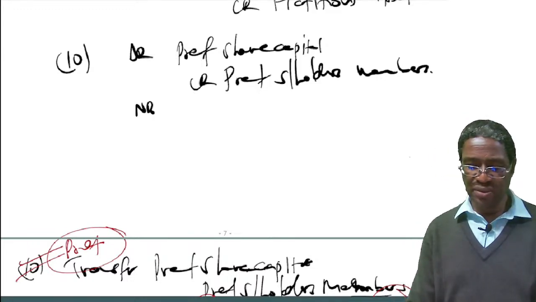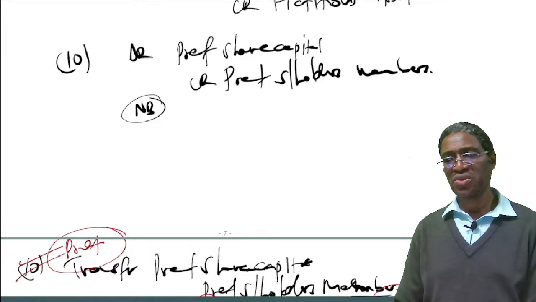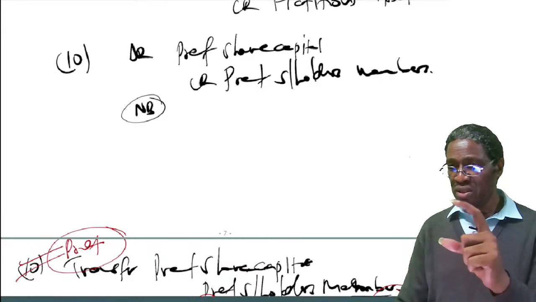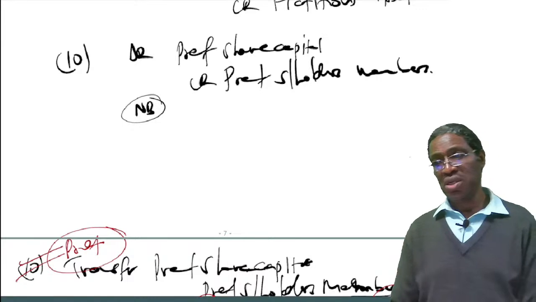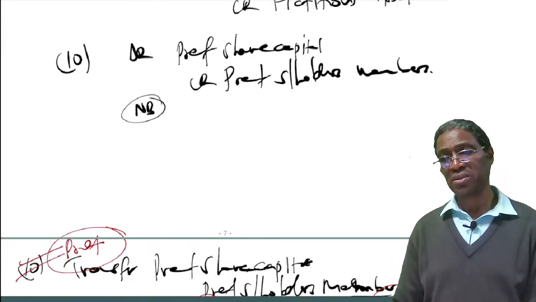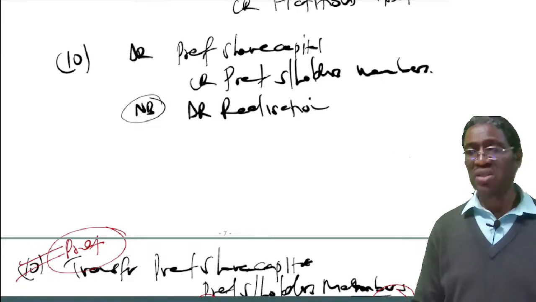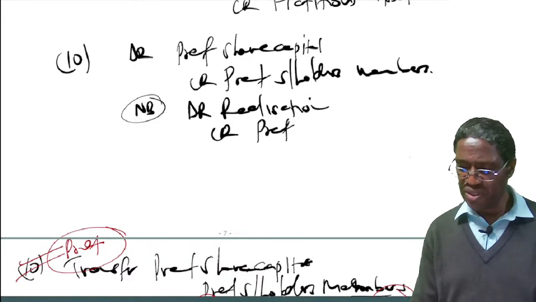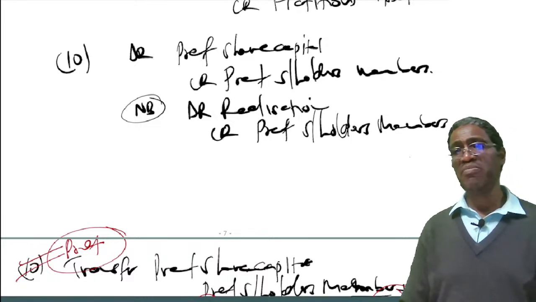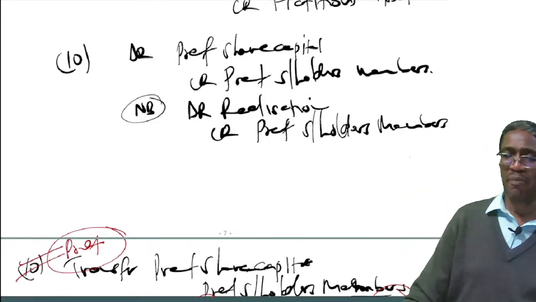Then you say this, NB: if there are preference dividends in arrears, debit realization, credit preference shareholders members.